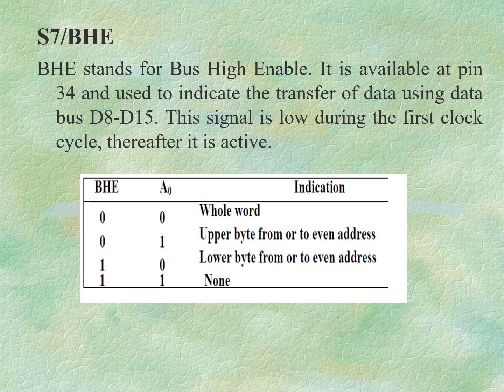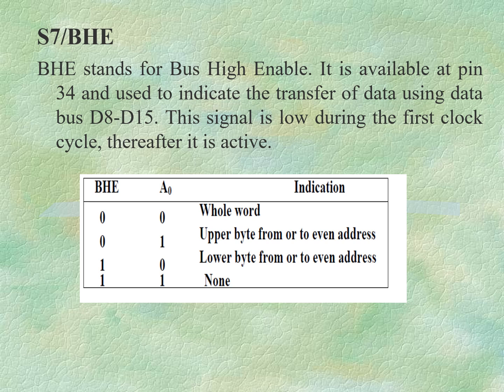Next is BHE, bus high enable, a very important pin. It is used to transfer the data using the data bus D8 to D15. Again, when you look into the table, BHE and the address signal A0 are considered. When both BHE and A0 are 0, 0, the entire 16-bit bus is used for data.